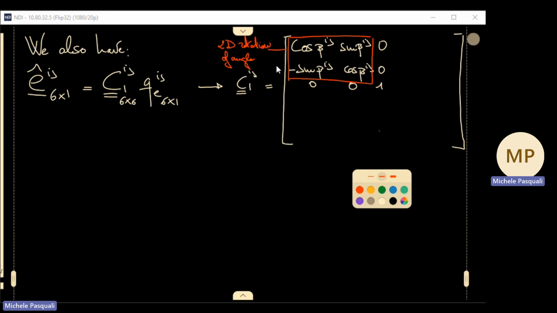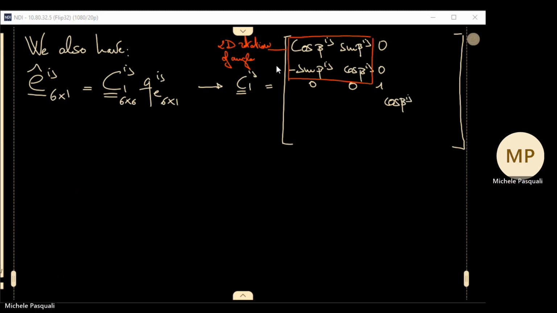Of course, the same goes for the second node, so you can expect it to be pretty similar. It's going to be cosine of beta ij, sine of beta ij, minus sine beta ij, cosine beta ij, 1, 0, 0, 0, 0.